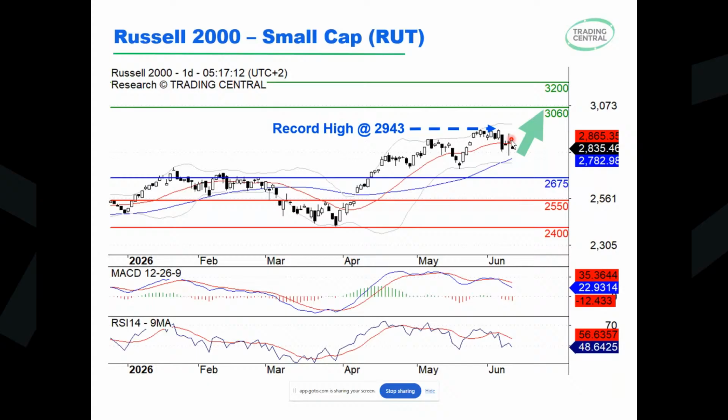Now, as you can see, our major U.S. stock indices, S&P 500, Nasdaq 100, Dow Jones, and Russell 2000, are in a consolidation mode, but remember, not a change in trend. We are still looking for an uptrend.